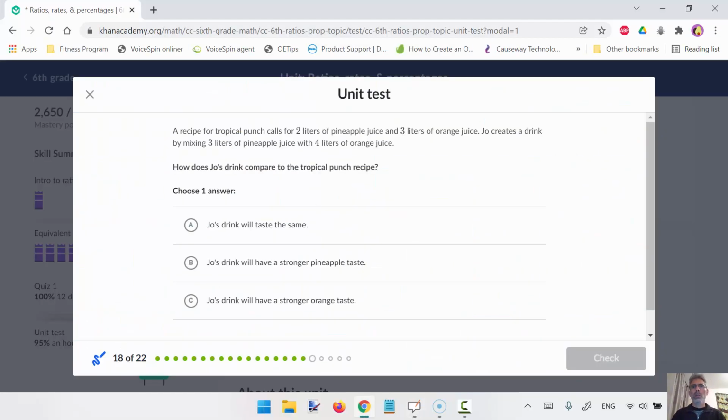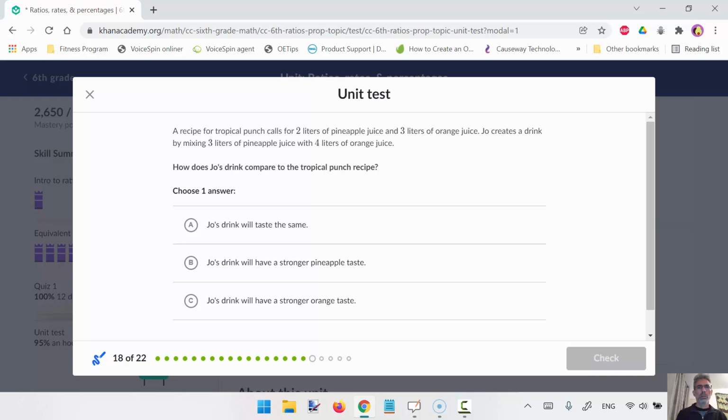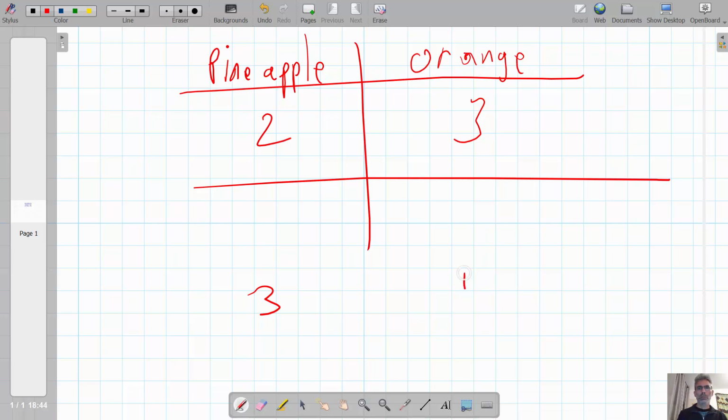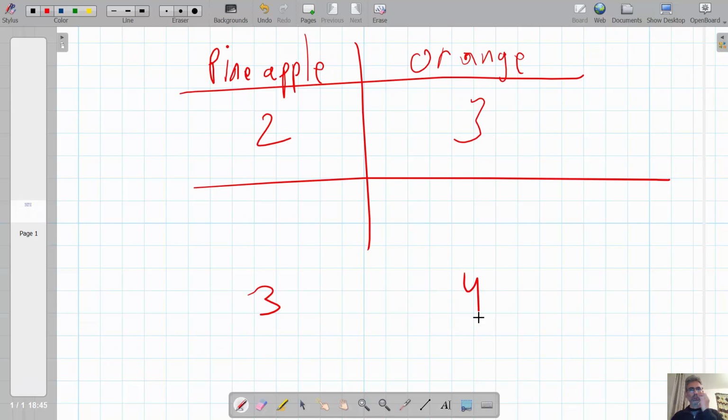Joe creates a drink by mixing 3 liters of pineapple juice with 4 liters of orange juice.